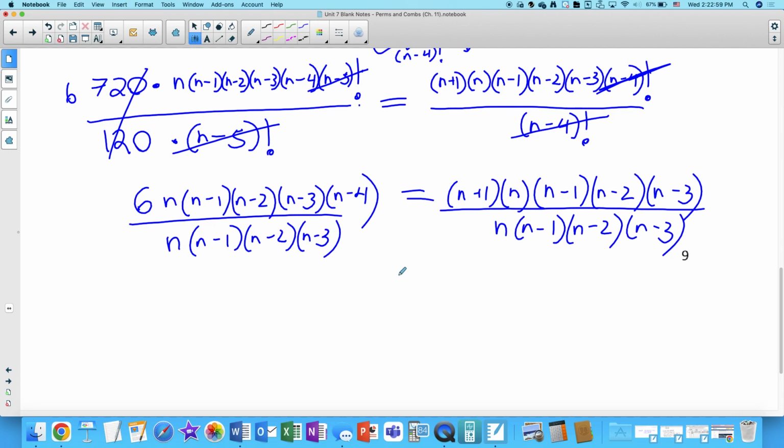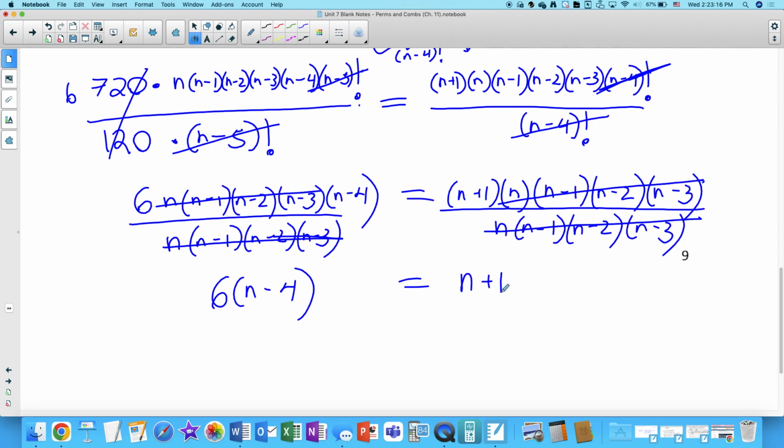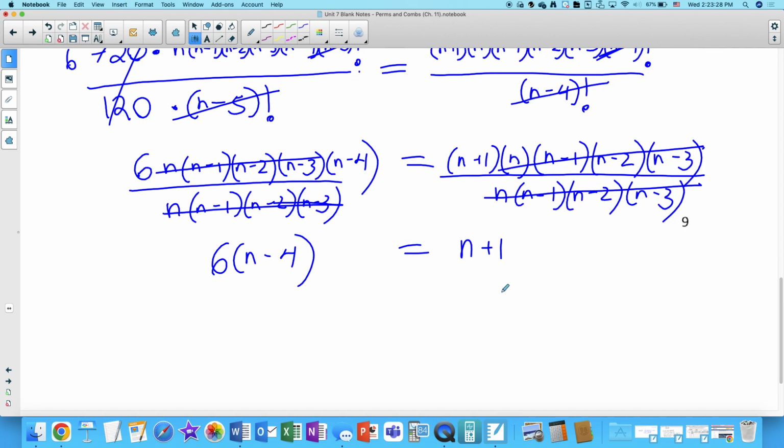So on the left side, all of these cancel with all of these. So we just have 6 times n minus 4. And on the right side, these all cancel with all of these. So we just have n plus 1. And this is now a linear equation. So I can just expand. Right? I'm going to multiply in here by 6. So 6n minus 24 equals n plus 1.